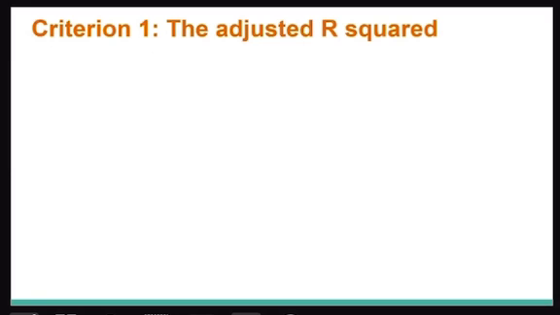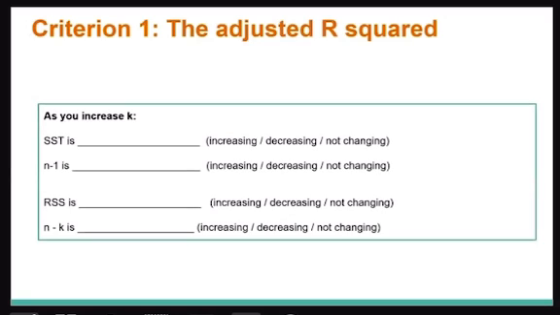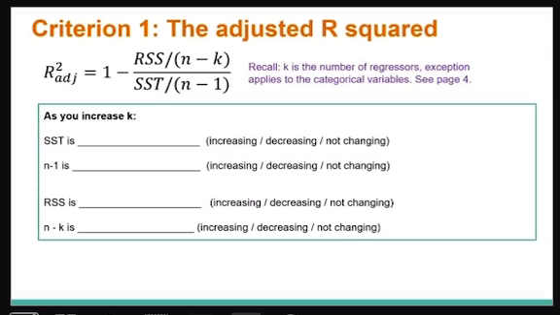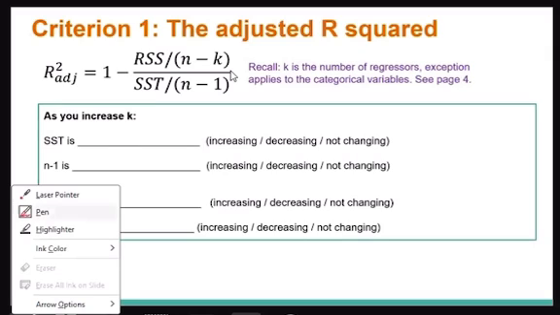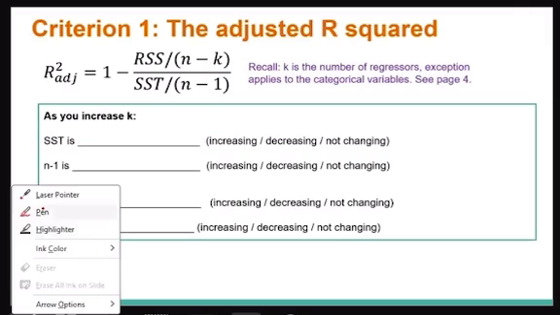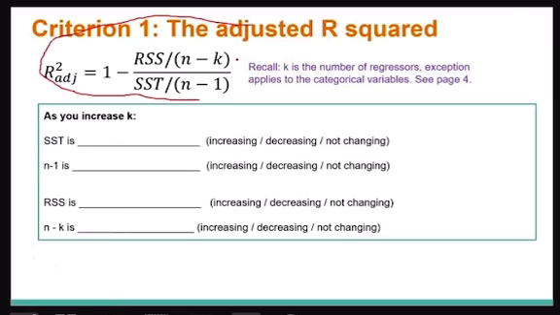Okay? Now, let's look at the formula of adjusted R squared. Look at the formula. It's a modification of RSS. Do you see RSS in this formula? Don't forget, RSS was part of criteria for model fitness, right?